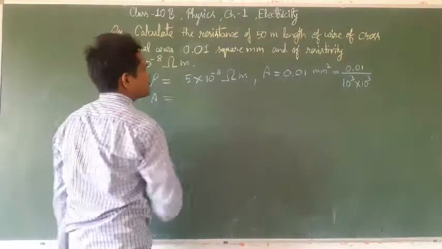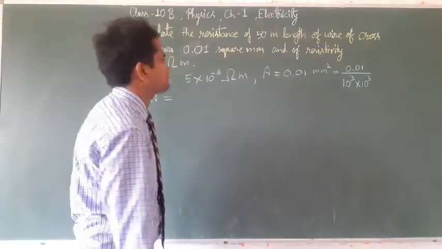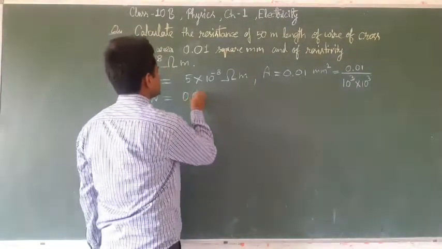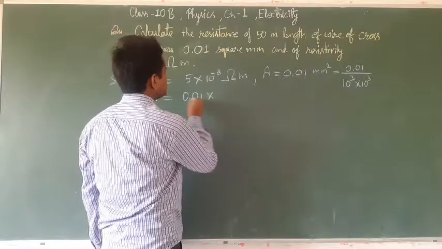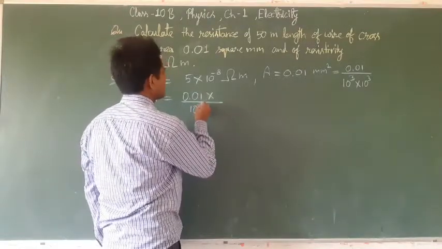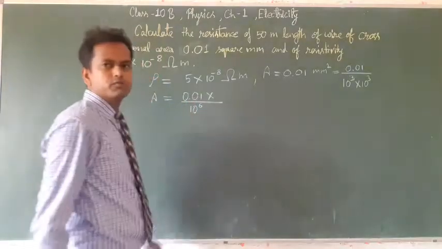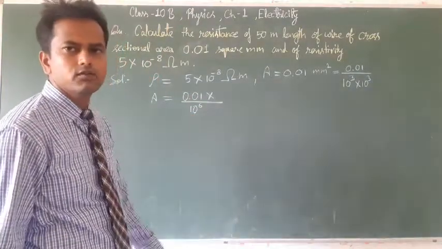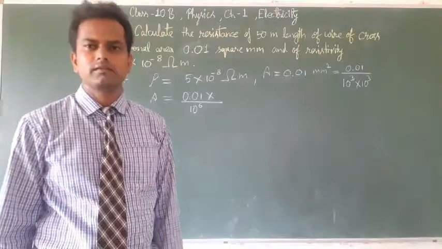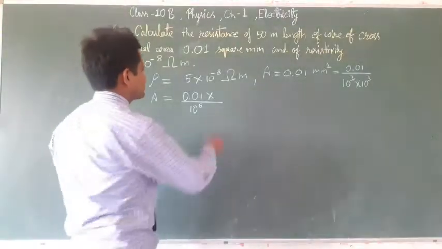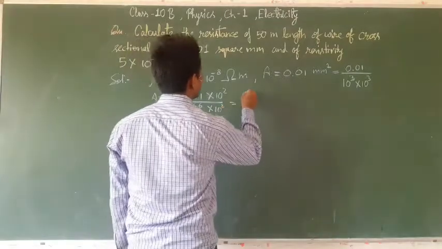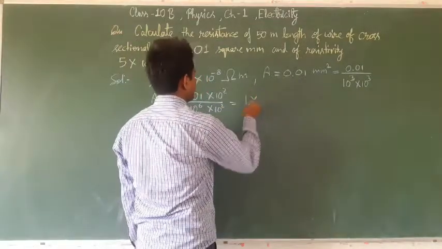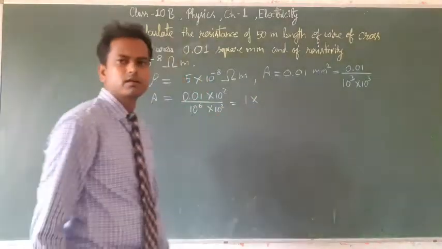Then area is equal to 0.01 into 10 to the power minus 6. If you want to remove this decimal part, then again you have to multiply in both numerator and denominator. That is 10 to the power 2 and 10 to the power 2. Then this will become 1 and this will become 10 to the power 8.